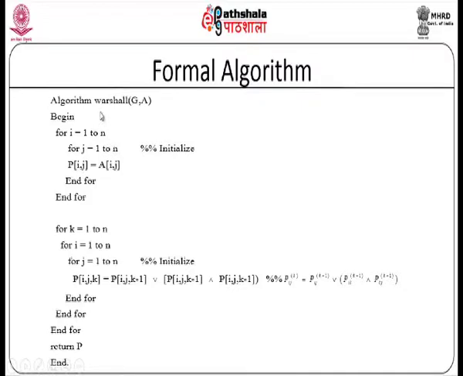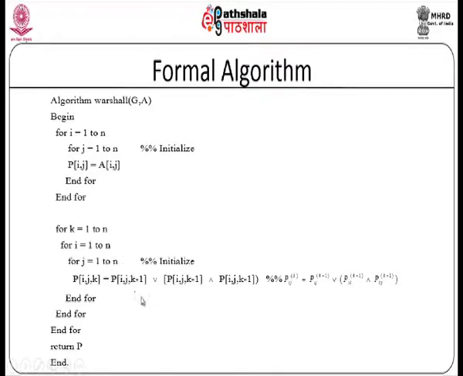You can see that it is algorithm Warshall. I am taking the graph adjacency matrix. Initially the adjacency matrix is initialized to the path matrix P of i comma j. It is a matrix, so I am starting 2 loops to initialize.